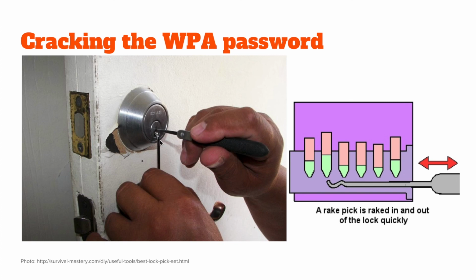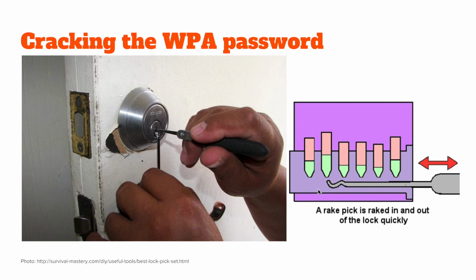Basically how it works is you look at the lock here, you apply a little bit of pressure as if you were turning a key in a lock, and then with this device the gentleman has in his right hand, you move it back and forth in that key chamber until these pins line up with the chamber, and then you can turn the chamber as if you would a key.